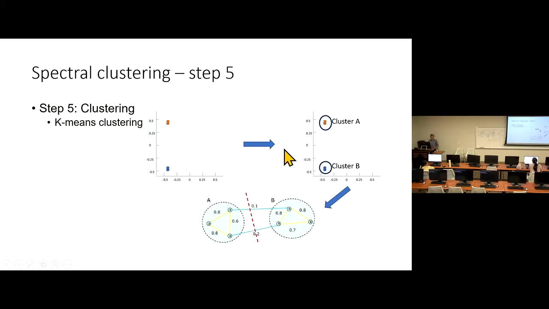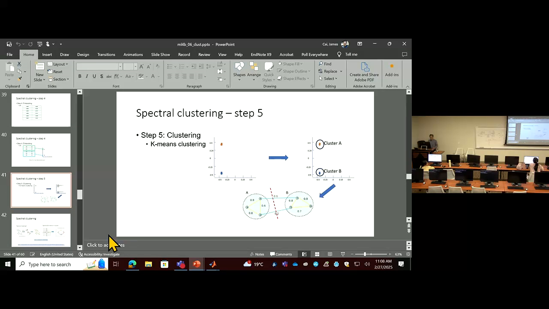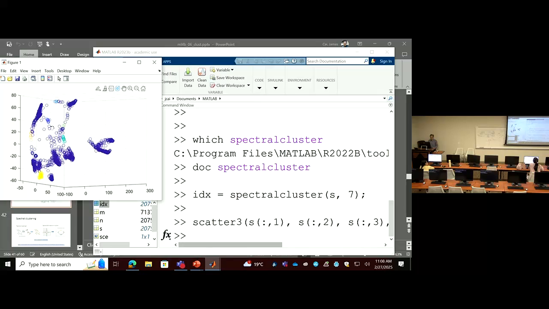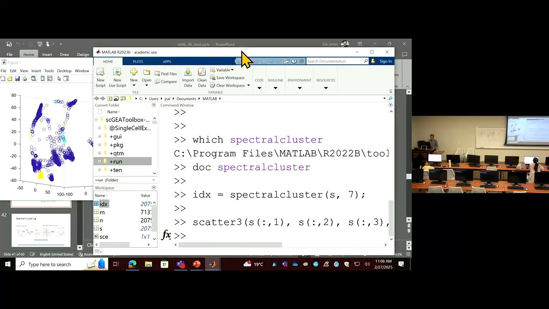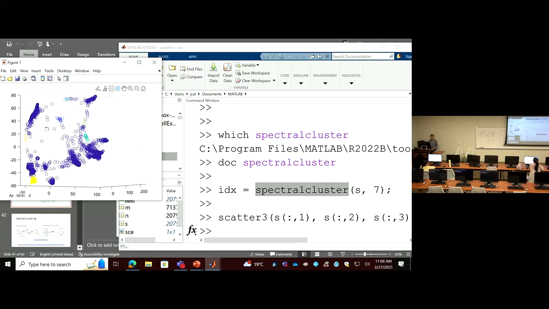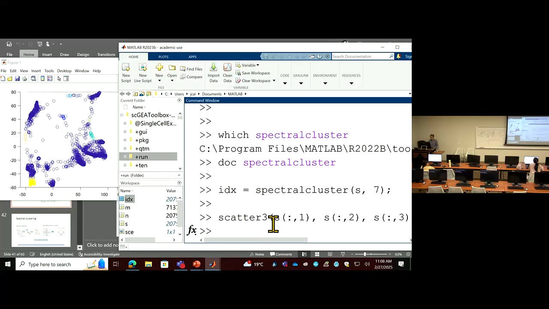So that's why this algorithm requires a number K, so how many clusters you eventually want to get. Then the algorithm does not work on this data directly, not like the native K-means algorithm, but it does some transformation through the network of those cells. So that's why you get something that looks like this, okay?